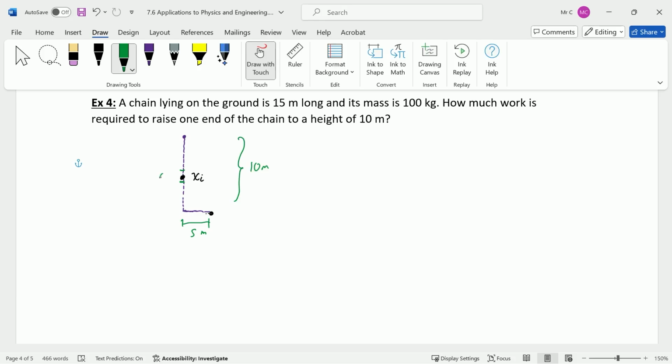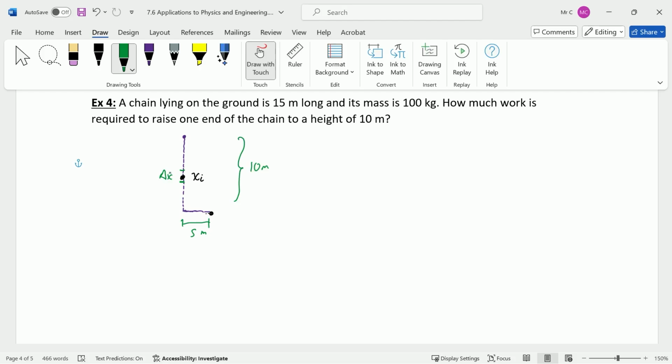And so this is some little length of chain delta x. And if we choose that interval of chain small enough, then we're not adding much weight as we pull up that portion. So we can assume that the function of force is going to be really close to constant over that small interval. It's not actually going to be constant, of course, but it can be close enough to constant that it's not a problem.